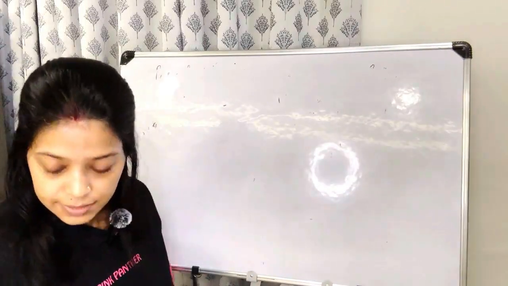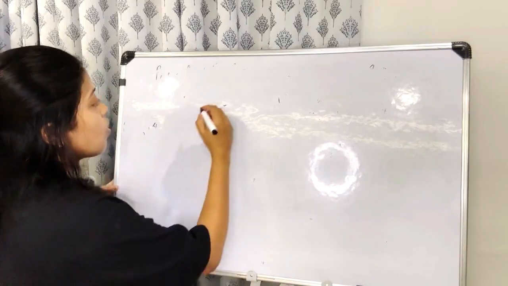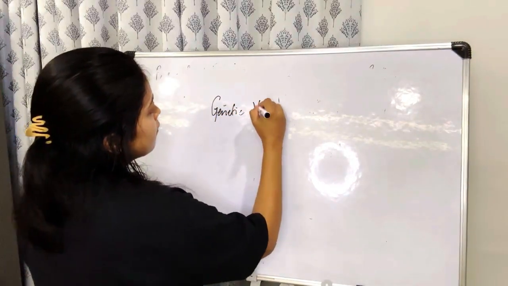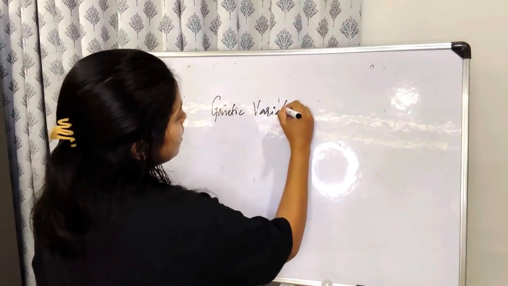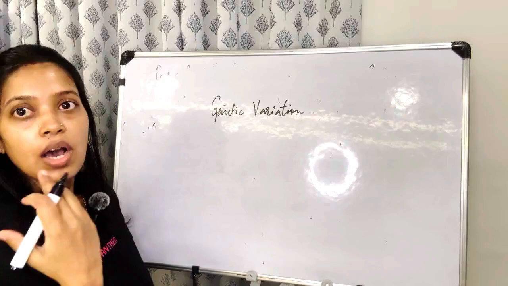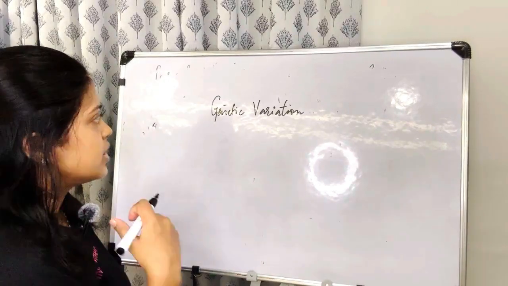So one reason is that it creates genetic variation. You will understand this in more detail once you learn how pollination is helpful for the plant, then fertilization, everything.